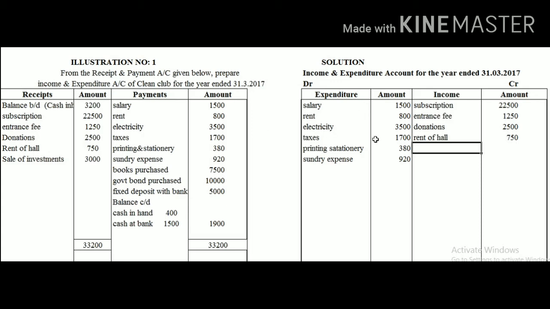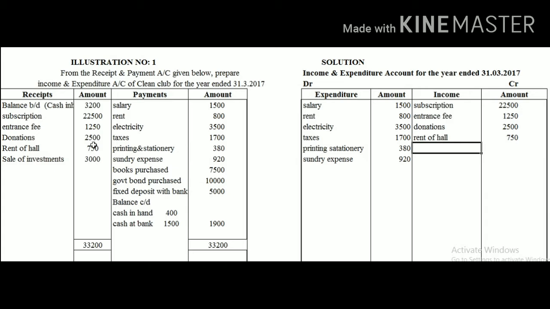So while preparing income and expenditure account, we have to show only the revenue incomes and revenue payments. So the sale of investment is a capital receipt or capital income, so it does not show in income and expenditure account. So almost all incomes and expenditures have been recorded.